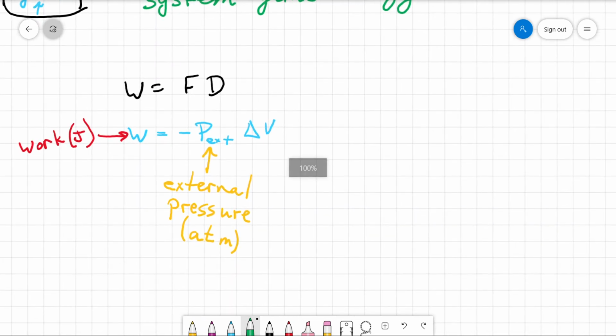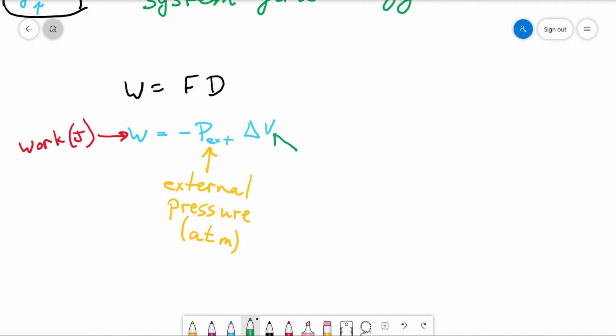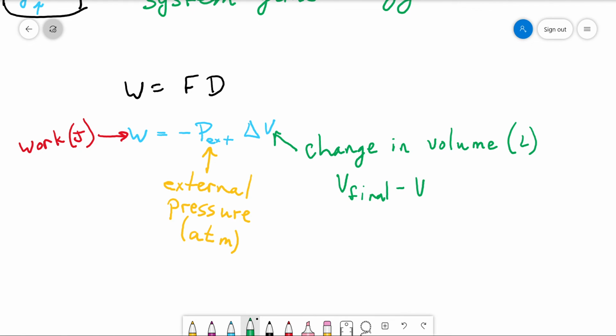And this delta V, this is change in volume, measured in liters. And change in volume is always V final minus V initial. Those deltas are always final minus initial. Okay, in the next video, we'll do an example.